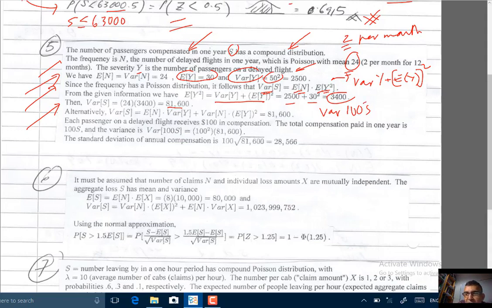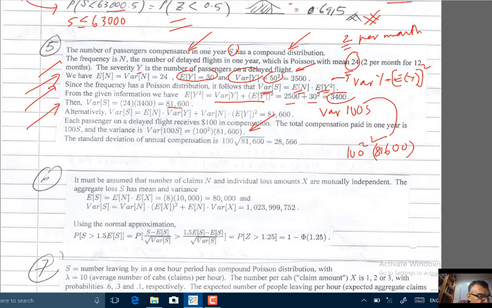So the variance of 100S will be 100 squared times the variance of S, which is 81,600. That's the variance of 100S. Remember, we are looking for the standard deviation, so take the square root and you'll get the answer that you need.